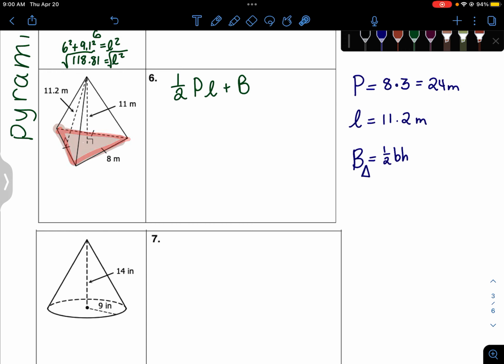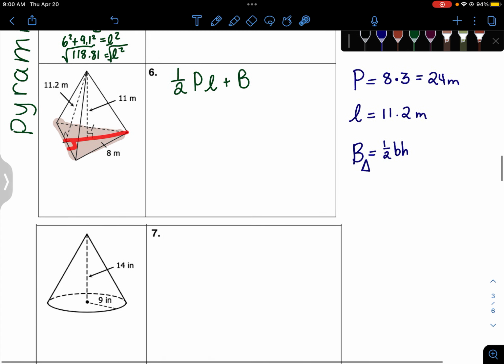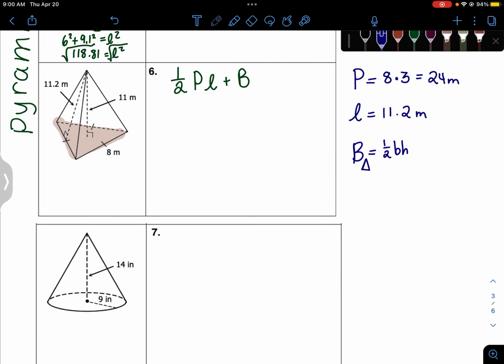And so, looking at this triangle on the bottom, there's no height that is given. And so we have to find the height. And while it might seem like finding the height is a job for Pythagorean theorem, this is actually going to be a special rights problem.